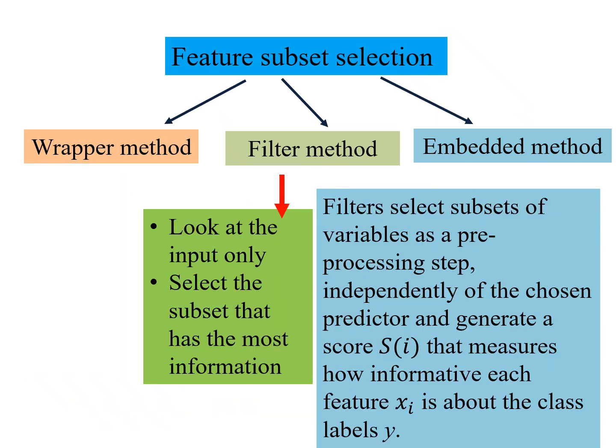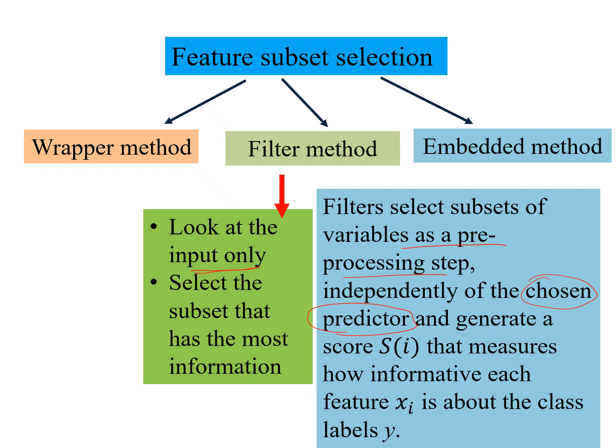Next is the filter method. Here we are looking only at the input, so these are more sort of unsupervised methods. These select subsets as a pre-processing step independent of the predictor. In the previous case we had taken the predictor and used its scores to validate the subset.